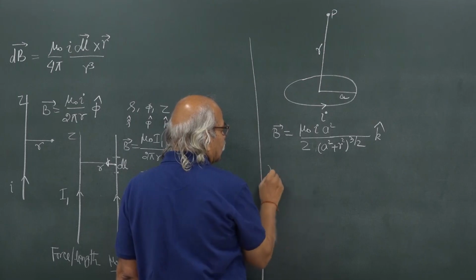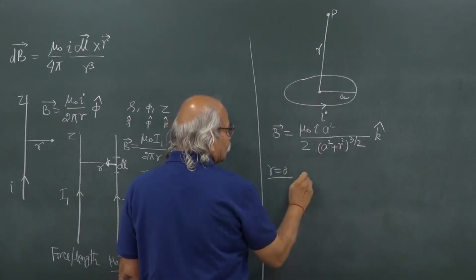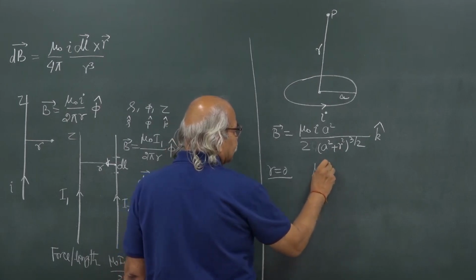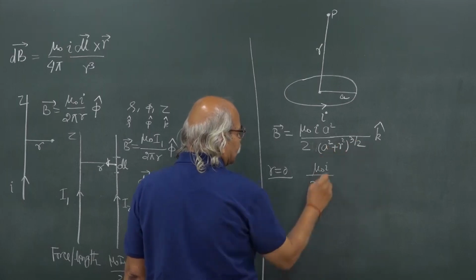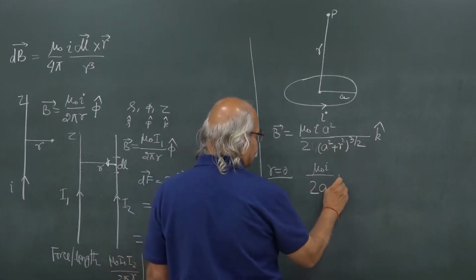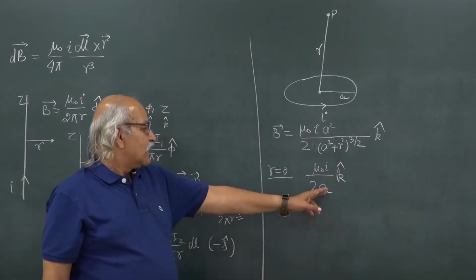And if you put r equal to 0, then this will be mu naught I, and this is a square, this will be a cube here, so 2a. So, at the center it is mu naught I by 2a, and this is a check.